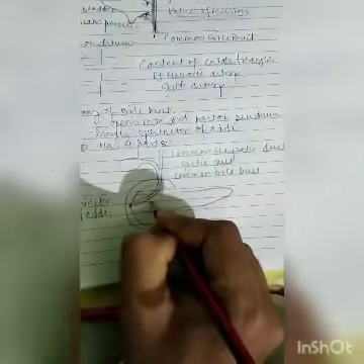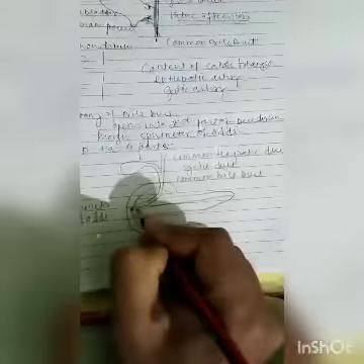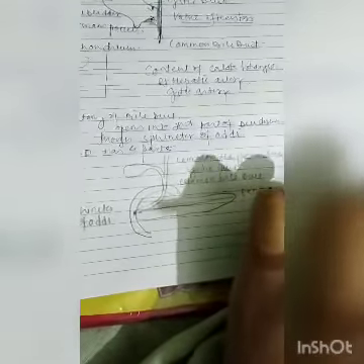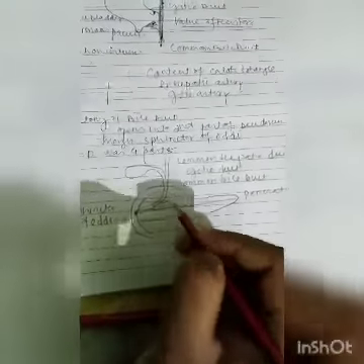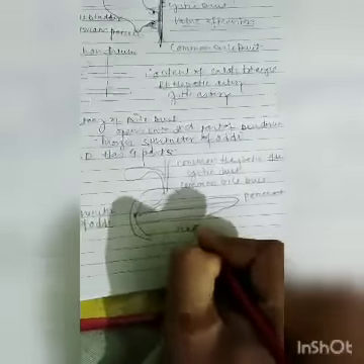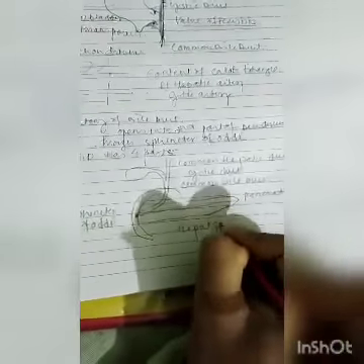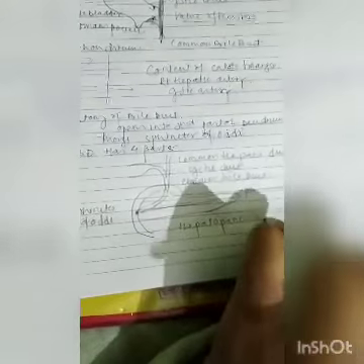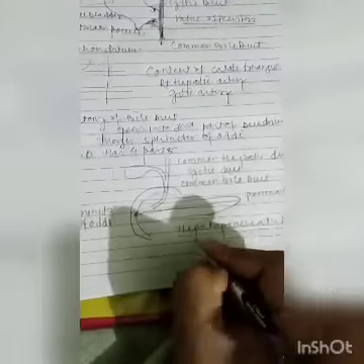This is the pancreatic duct. The common bile duct along with the pancreatic duct forms the hepatopancreatic duct. So they open through the sphincter of Oddi.